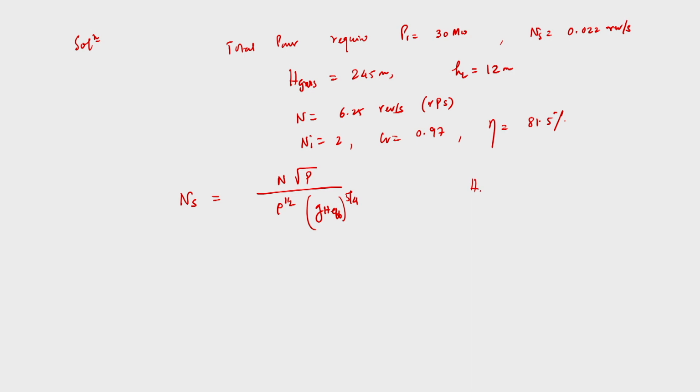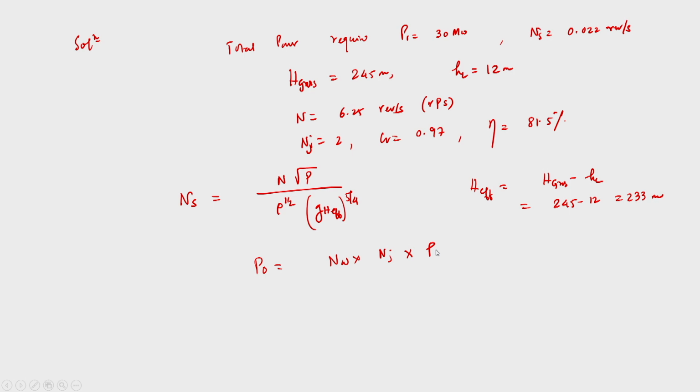So, H effective is equal to H gross minus HL, that is 245 minus 12, that will be 233 meter, right. And P naught, total power, is equal to NW into Nj, number of jets per wheel, that is 2, into P.